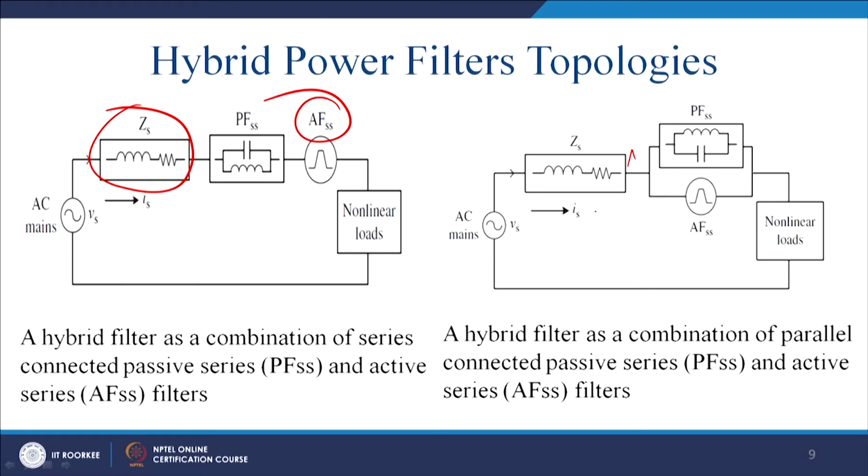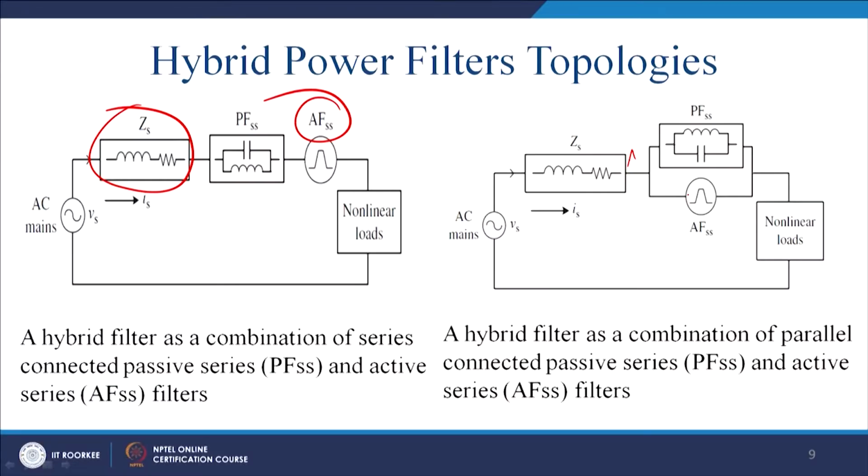So, here this passive filter is connected in series with the active filter, and here this passive filter is connected with the parallel path of this active series filter. So, we require to see which solution sees the lower power rating, because it depends on the voltage level.